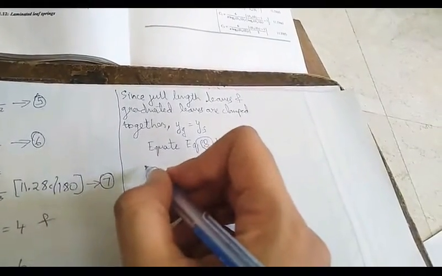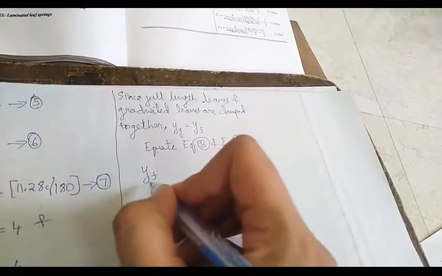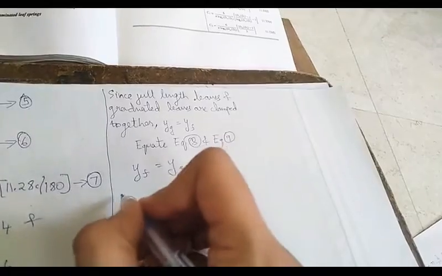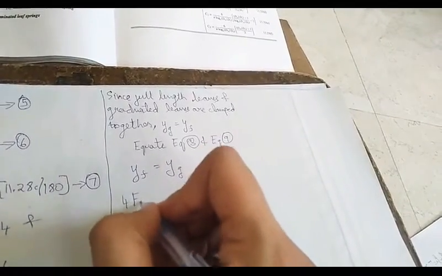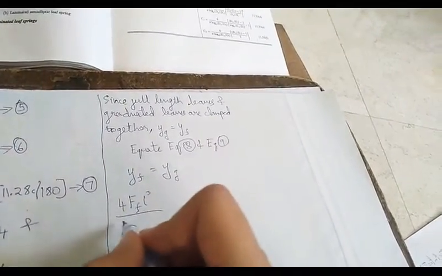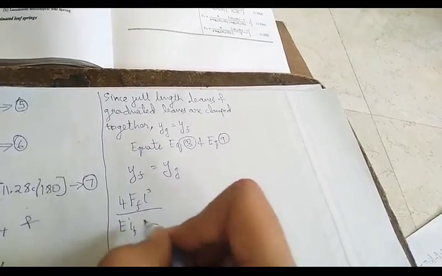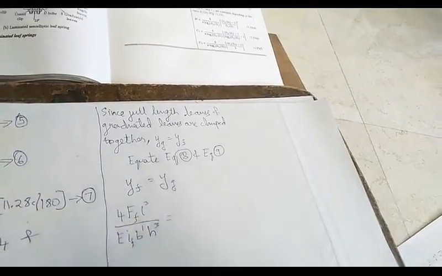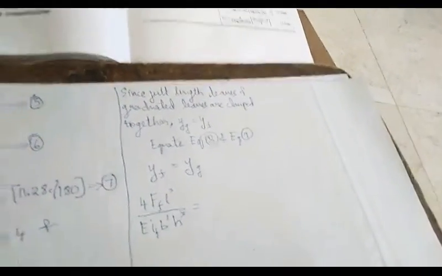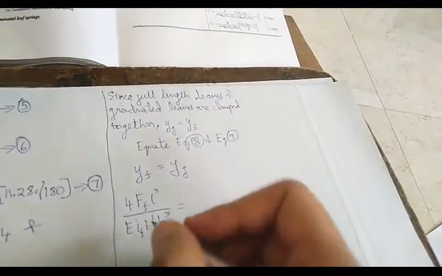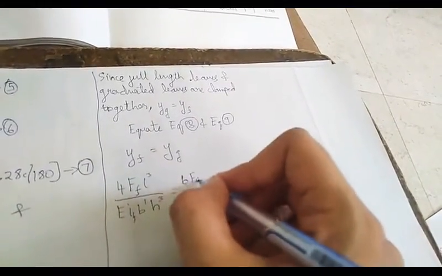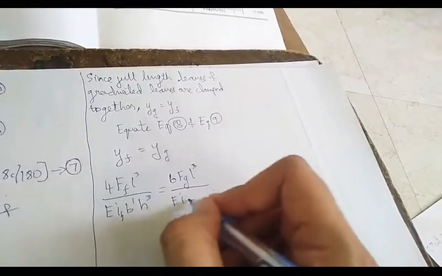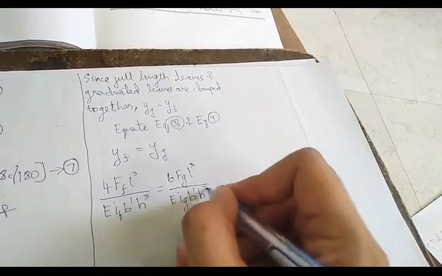YF is equal to YG. 4 FF L cube divided by E IF B' H cube is equal to 6 FG L cube by E IG B' H cube.